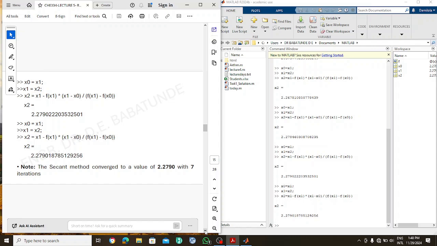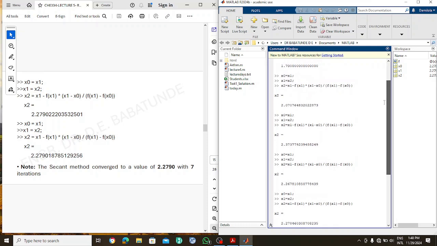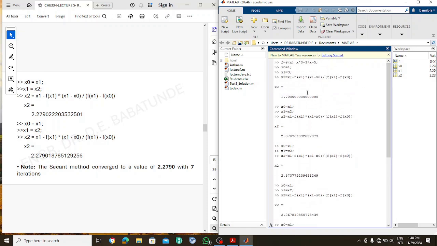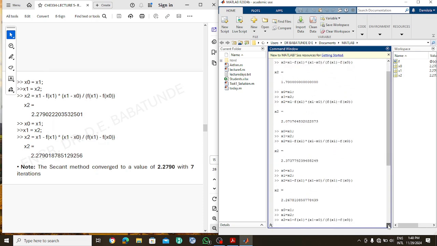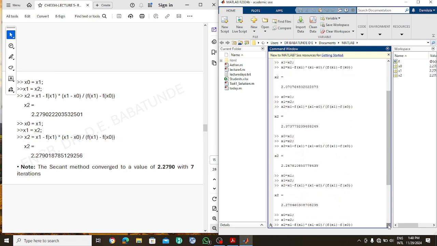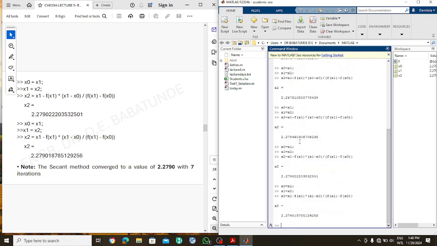So for this case, it was 7 iterations that gave us the results. Let me check again. It should be 7. So this was the first iteration, second, third, fourth, fifth, sixth, seventh. Yeah, 7 iterations.